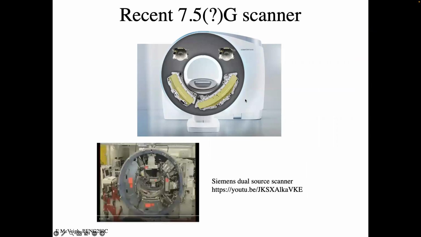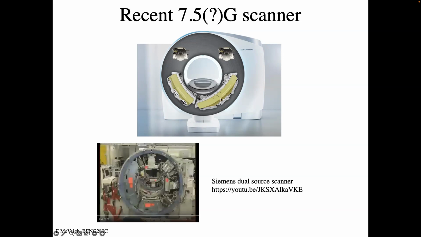Siemens came up with a very interesting design and proposal. Instead of making the detector, say, 256 slices, they kept it at 64 at that generation, but they put 2 of them inside the gantry. And so they have a main tube and detector here, and then this other one, it's the same tube, but the detector is a little shorter, but it's at 90 degrees to this one.